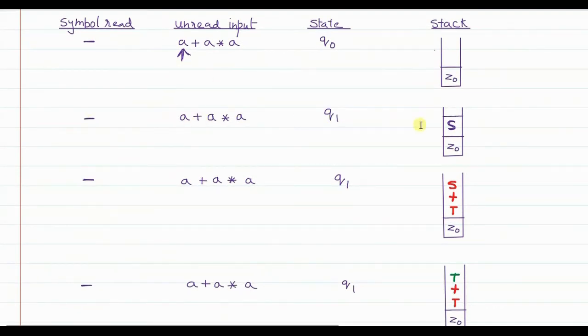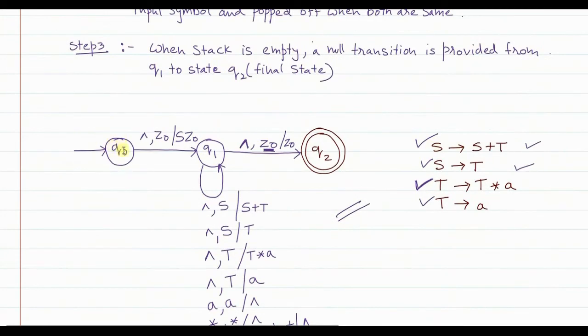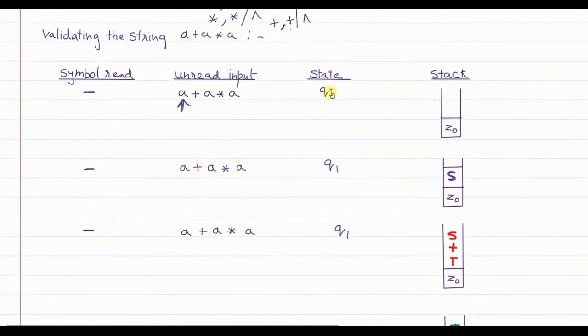We are simply pushing the start symbol on the stack. Earlier the stack was empty, now the start symbol has been placed onto the stack. By doing that, from state Q0, by pushing the start symbol, I am going to state Q1. So you see, from state Q0, I have moved to Q1 state by simply pushing the start symbol on top of the stack. Input string is not yet read.